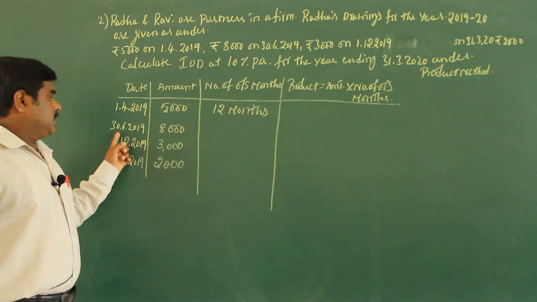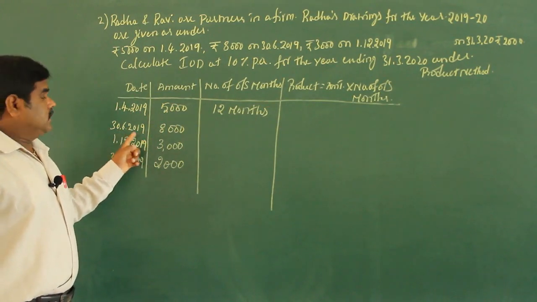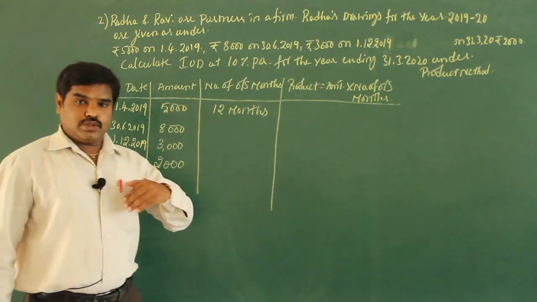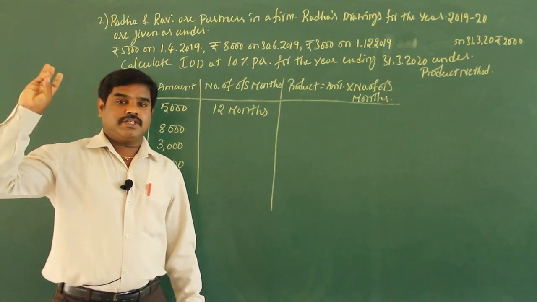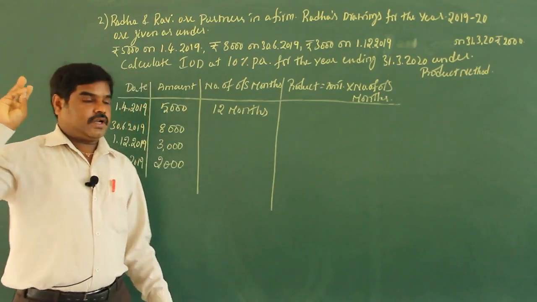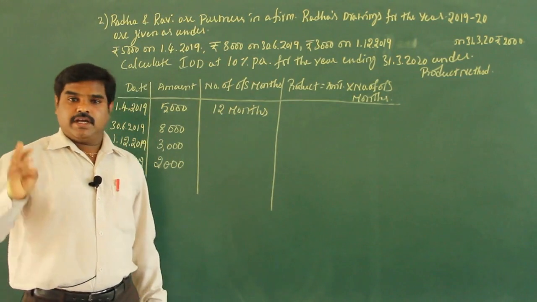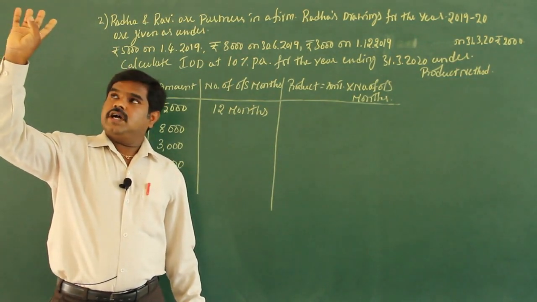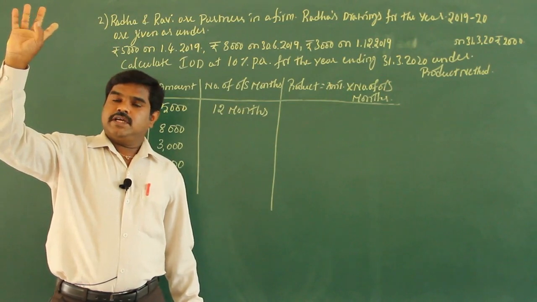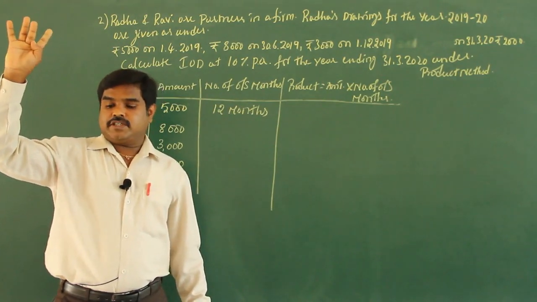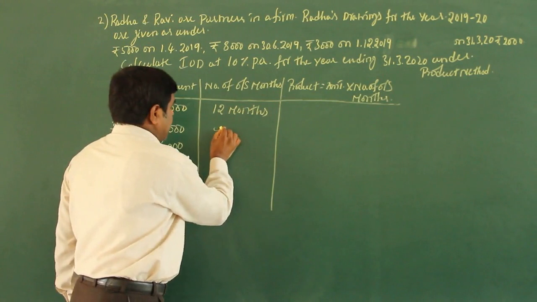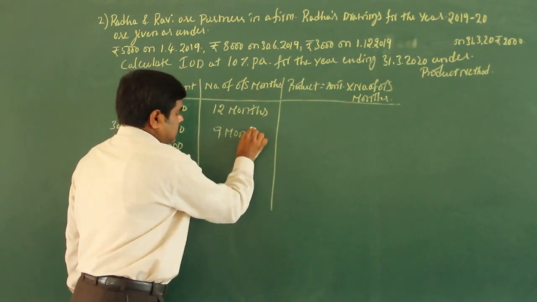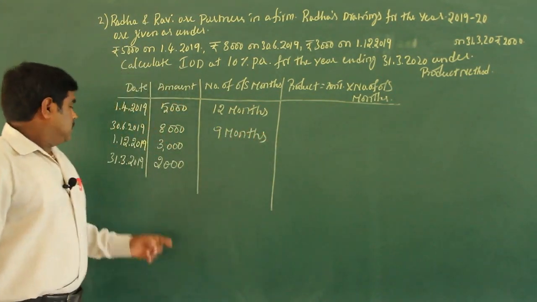Go to the next one, 30th 6 2019. On 30th June, June should be excluded because the money is drawn on the last day of June. So take it from July, August, September, October, November, December, January, February, March. So the outstanding period will be 9 months.